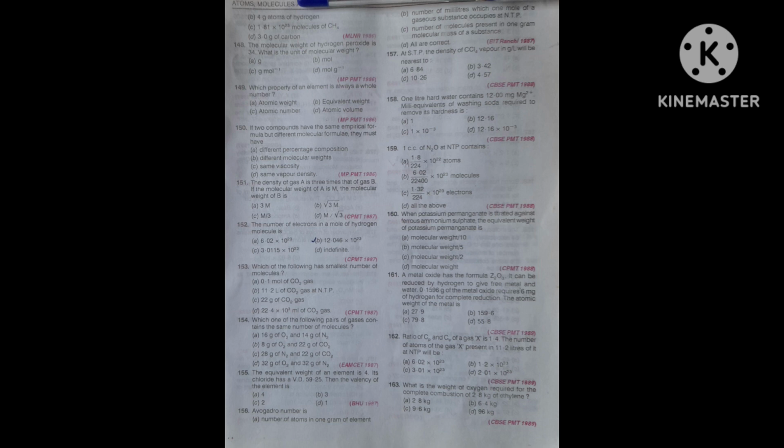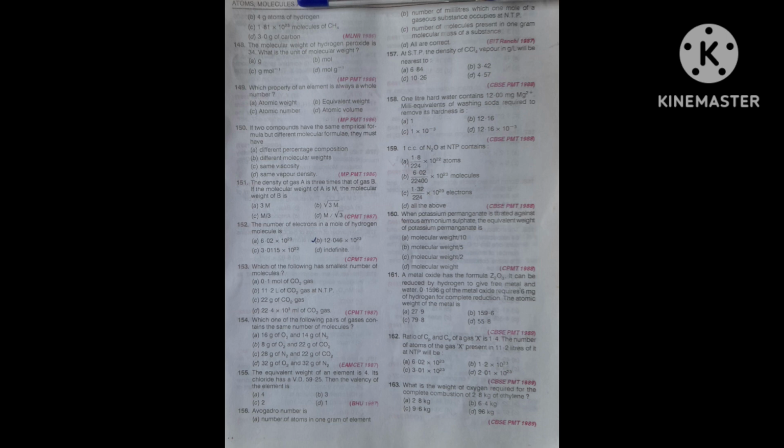Hence density is equal to mass by volume, 154 divided by 22.4, which is 6.875 gram per liter. Hence the correct option is the first option, 6.84. Okay, first option is correct.